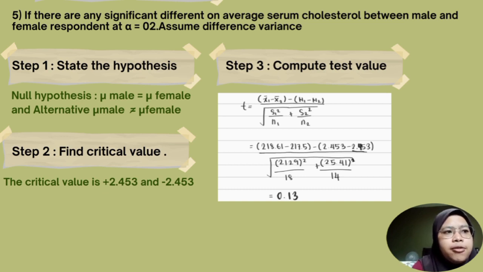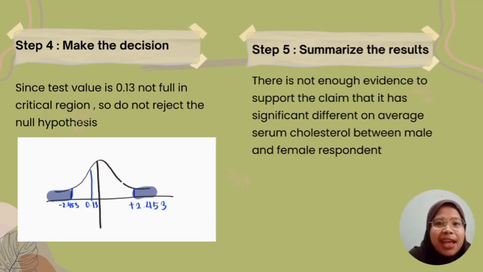From the table, the critical values are positive 2.453 and negative 2.453. Next, step 3 is to compute the test value. So we need to use the formula so we can get 0.2. Step 4. Make the decision.